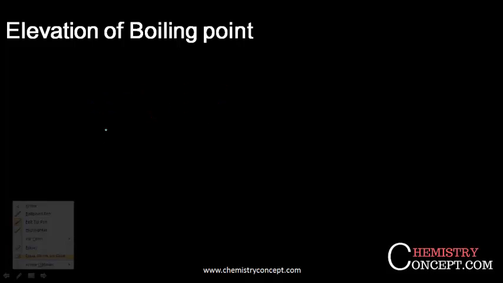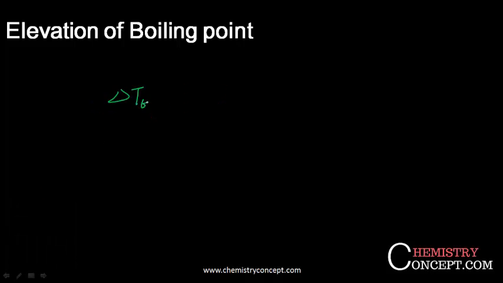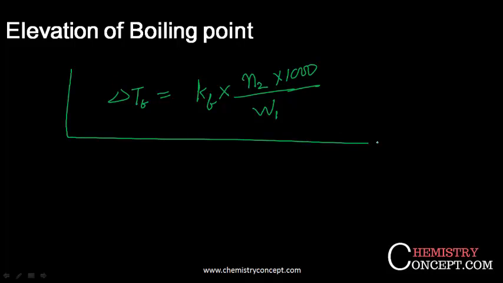Let me write it once again. Delta TB, that is elevation of boiling point, is equal to KB into number of moles of solute divided by weight of solvent in kg into 1000. Fine, because this is molality.